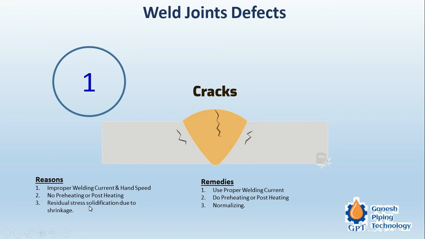The first reason is improper welding current and high speed. Improper welding current means if the current is too high, what will happen? The metal will immediately melt, and it will not get sufficient time to penetrate into the base metal.